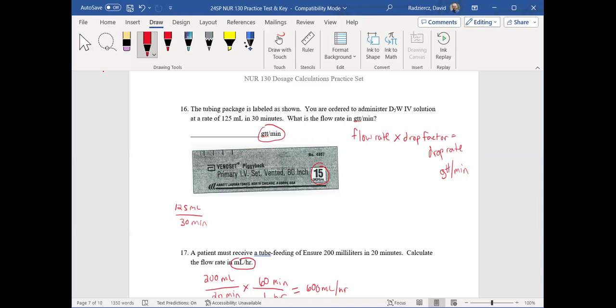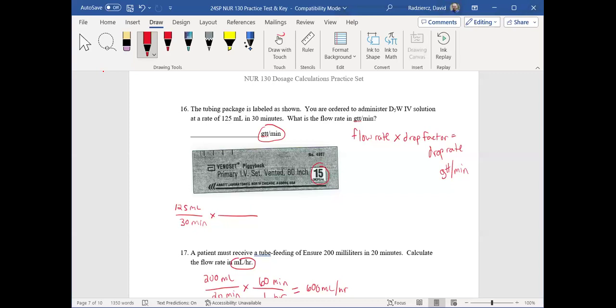All right. Now, the formula or the flow of this question, this is still technically dimensional analysis. I don't want milliliters. I want drops. Do I have a way to convert drops to milliliters? I do. Right here, that number 15, you can see it says 15 drops per milliliter. If you can't see that, that's what it says.